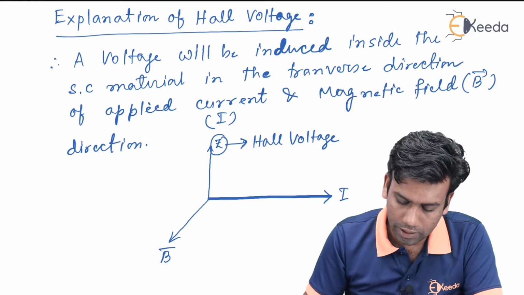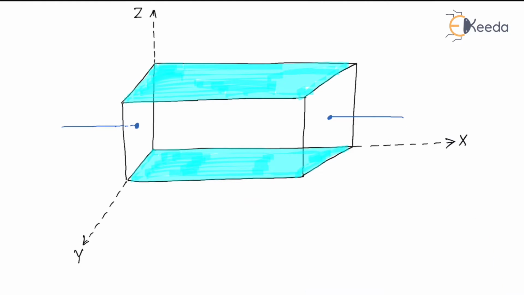For this, let us take a figure like this. In this figure you can see a 3D structure of a semiconductor, where this is the x direction, this is the y direction, and this is the z direction.